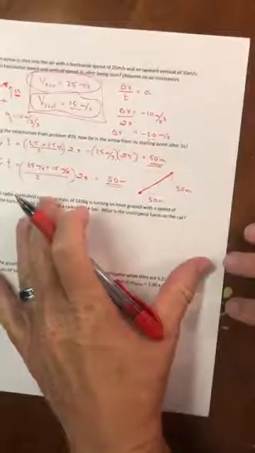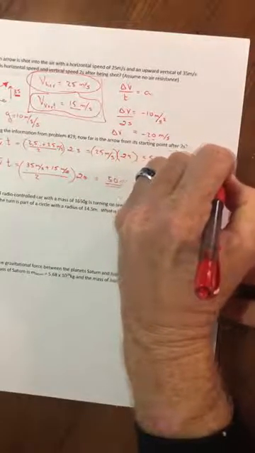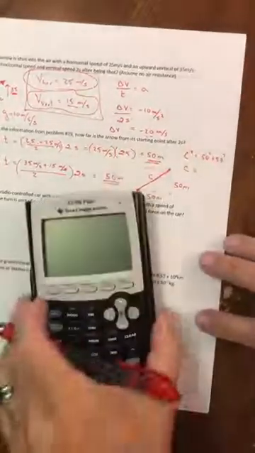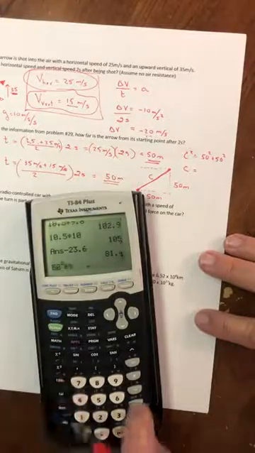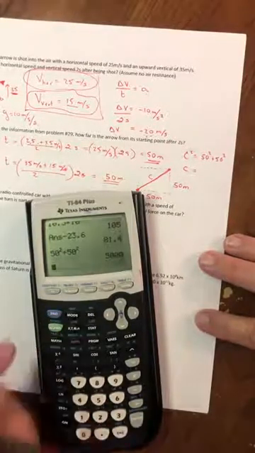Or if you forgot that from your geometry, how about just Pythagorean's theorem? So if I call this C, C squared is equal to 50 squared plus 50 squared.